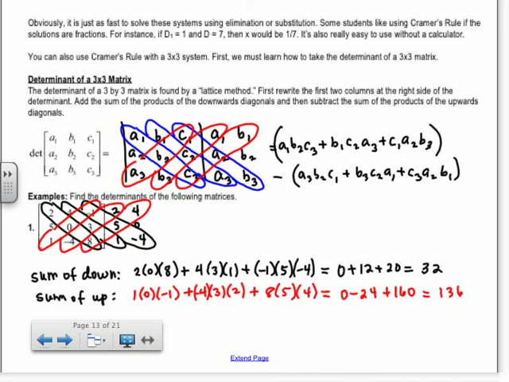So I get 136. So the last step is your determinant is 32 minus 136, so negative 104. So your answer is negative 104. Okay, does it make sense?